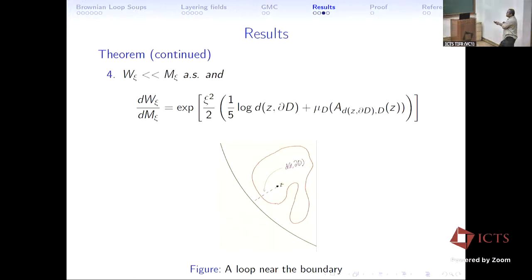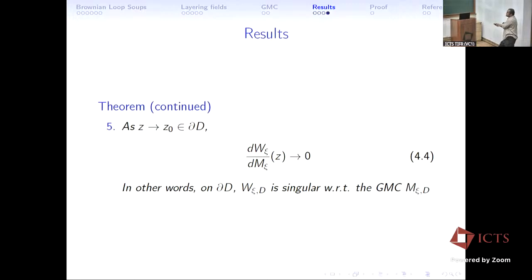I'm using this formula to study the behavior of my Gaussian layering field, W, with respect to the GMC measure. The next result says that as I go close to the boundary, these two things become more and more singular with respect to each other.